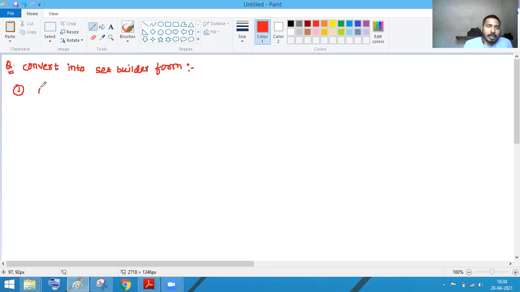First, the set is given: A equals 2 by 1, 4 by 3, 6 by 5, 8 by 7, 8 by 7, 10 upon 9.